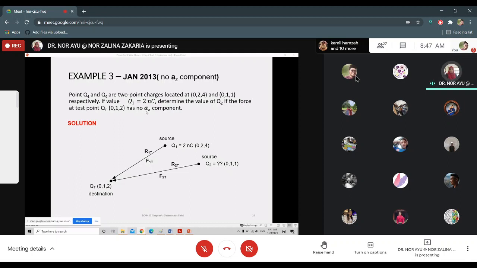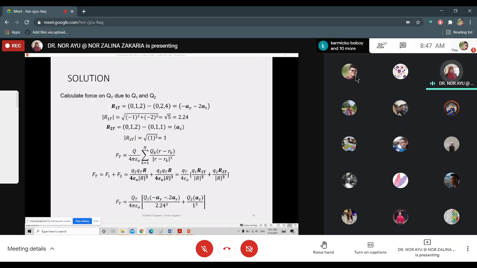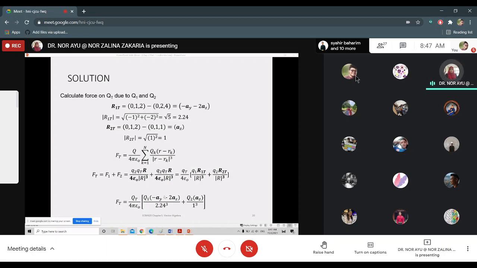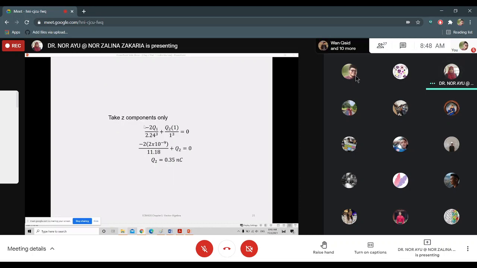So what you can do is take the AZ component from over here just now and put it in, with negative 0.243, and divide by it, so the negative 2Q1 divided by 2.243, and Q2 over 1 cubed.